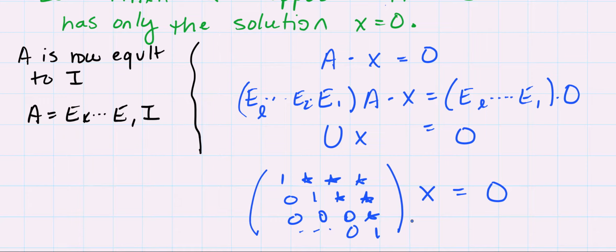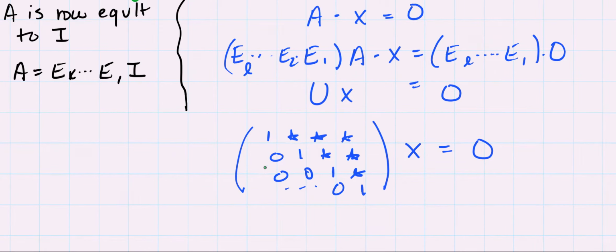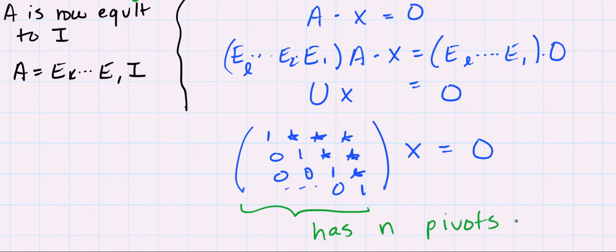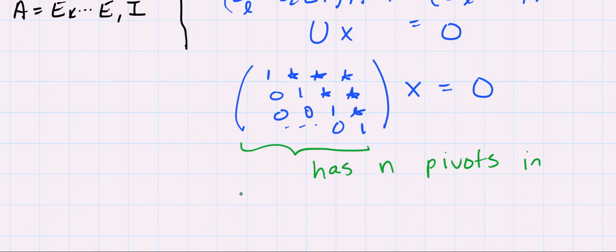So we have to have exactly n pivots. So this has n pivots in order for x to have one solution.